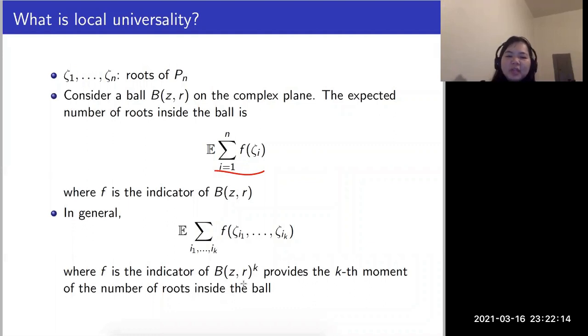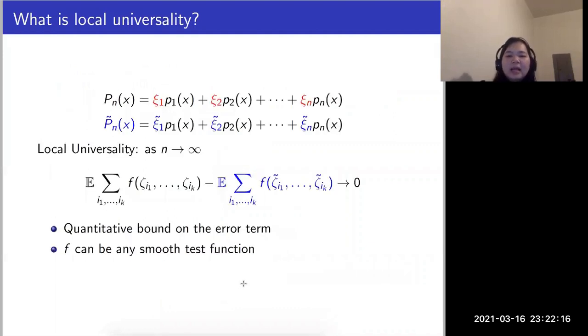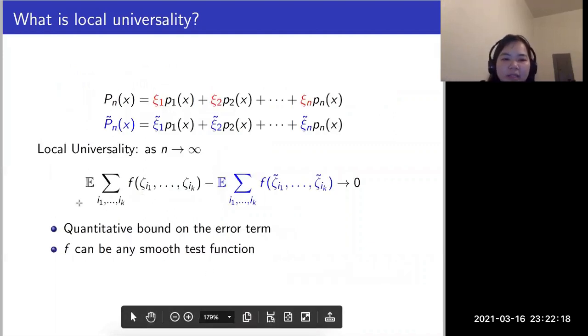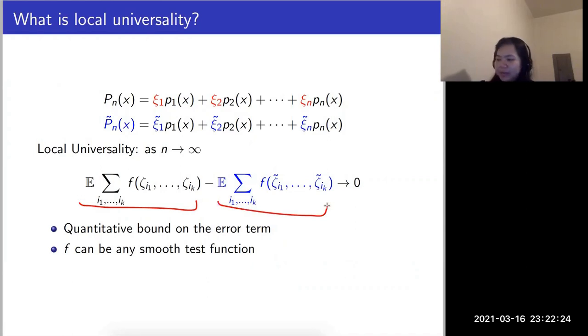In order to study a statistic like this, this is the statistic that we are interested in, and this is the statistic of the corresponding Gaussian. Here P_n tilde is the one when the ξ_i tilde are Gaussian. So this is originally our object of interest, and this is the Gaussian version.